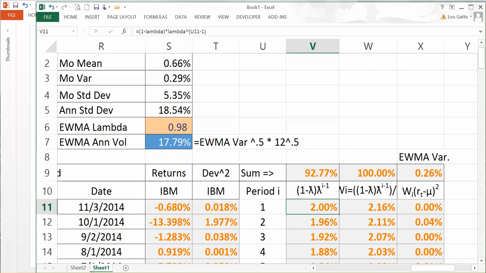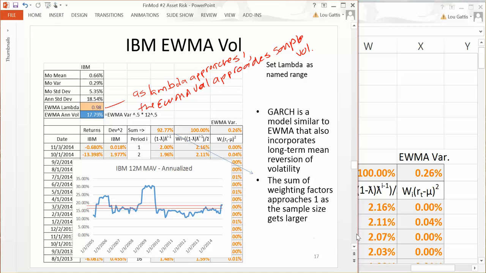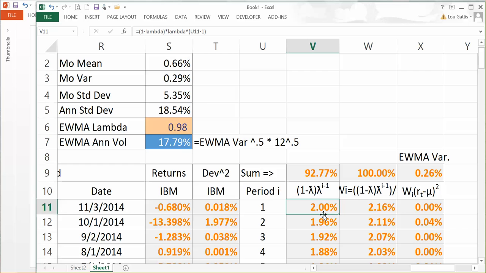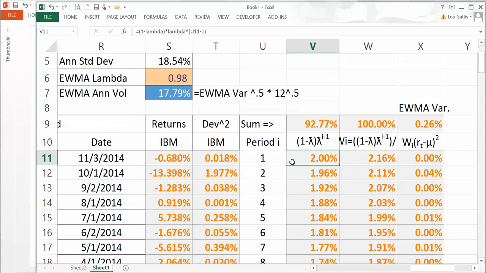RiskMetrics was a division of JP Morgan that would forecast optimal decay factors based on historical data for different markets. And I assume the way they did that is they create a data set like this, and they calculate an EWMA vol every single month over the last 10 years using some amount of trailing data, and they'd have some kind of solver routine that says, what lambda historically has been the best predictor for the next month's volatility.